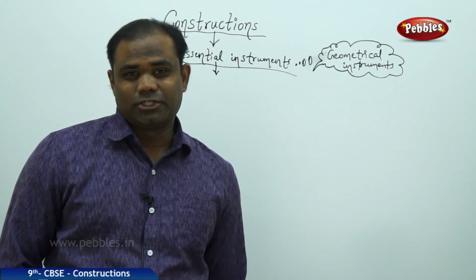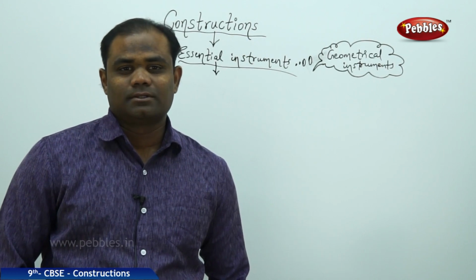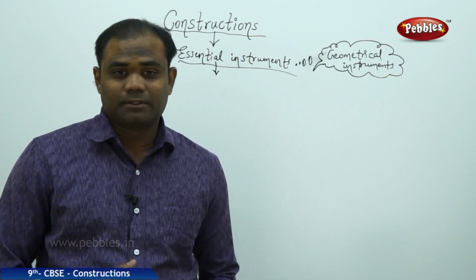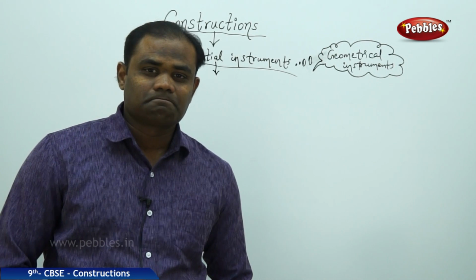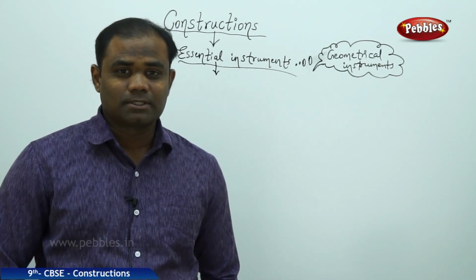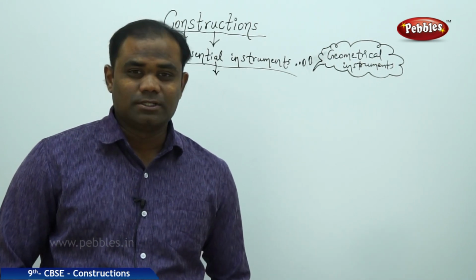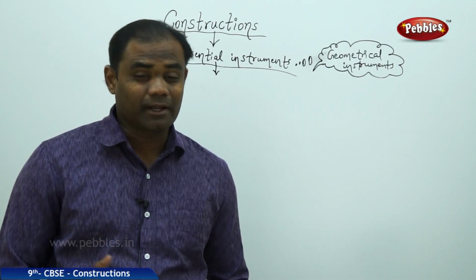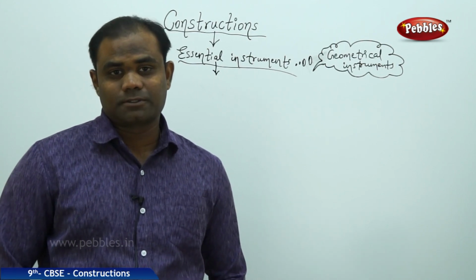The third essential geometrical instrument is the protractor. The ruler, the compass, and now comes the protractor. Let's see the significance of protractor in the branch of constructions.